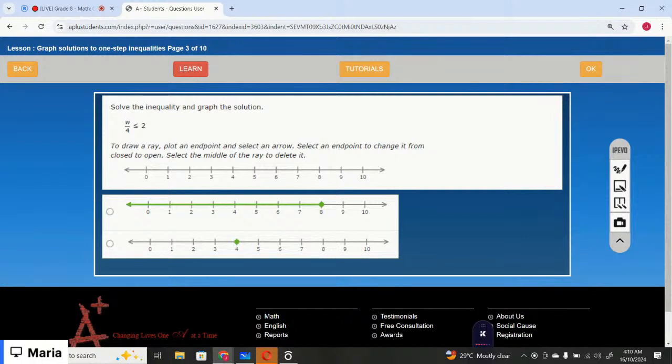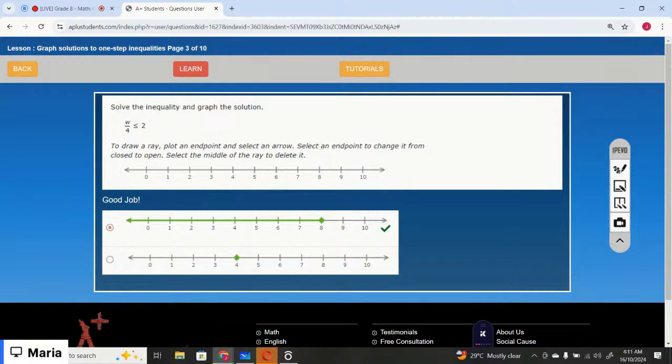So which is the correct option? Option 1 or option 2? Which is the correct option? Option number 1 is the correct option, right? Very good.